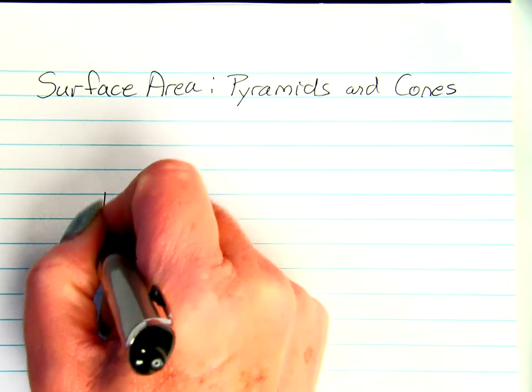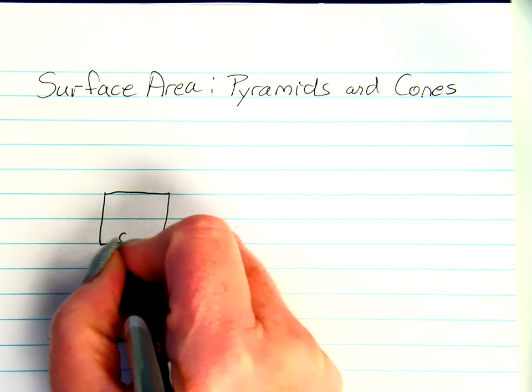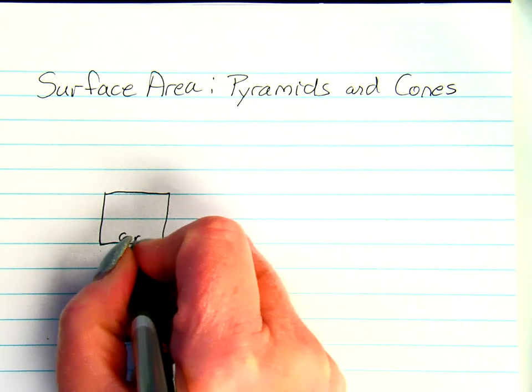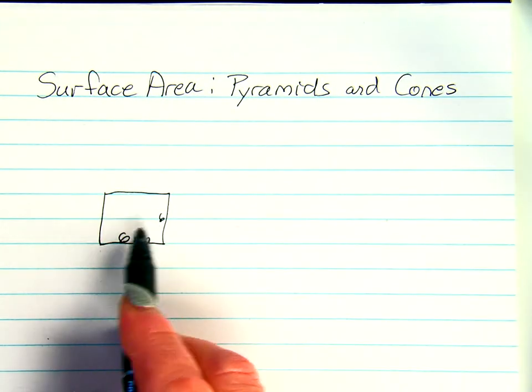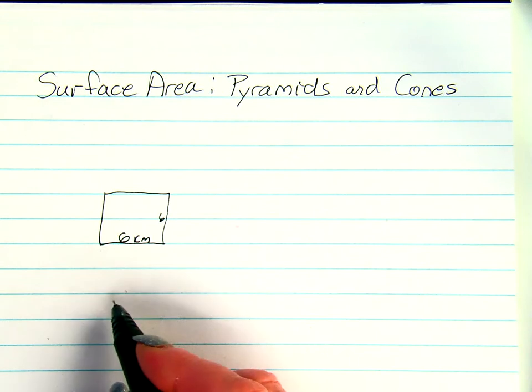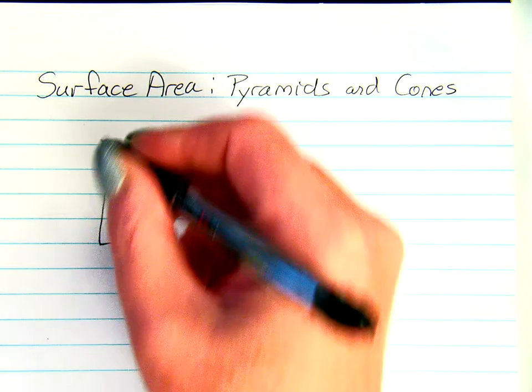So I'm going to draw my square pyramid, 6 centimeters here, and it's square, so I'm just going to put 6 over there so that we know that we are dealing with a square. And we have a slant height of 18.4 centimeters on this.